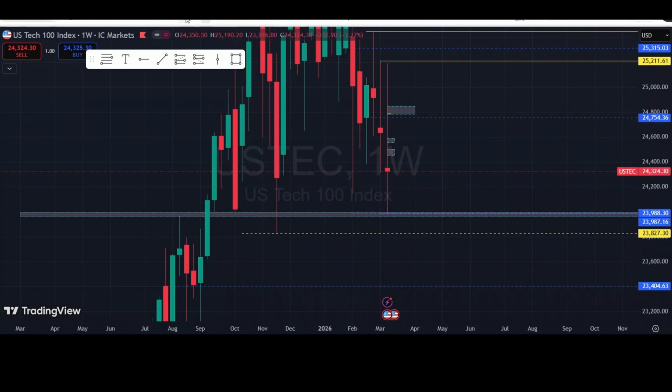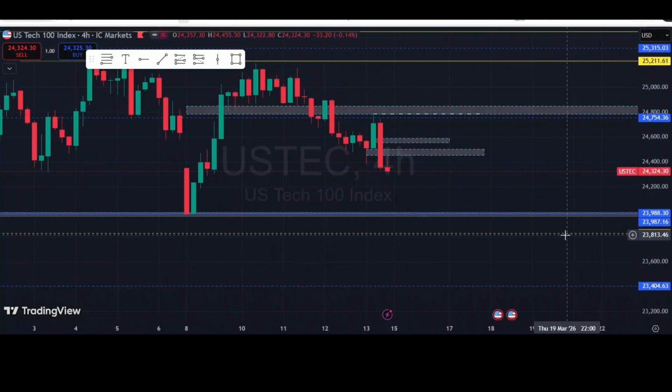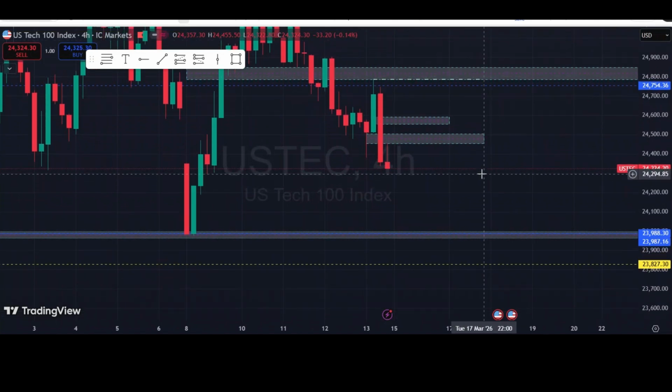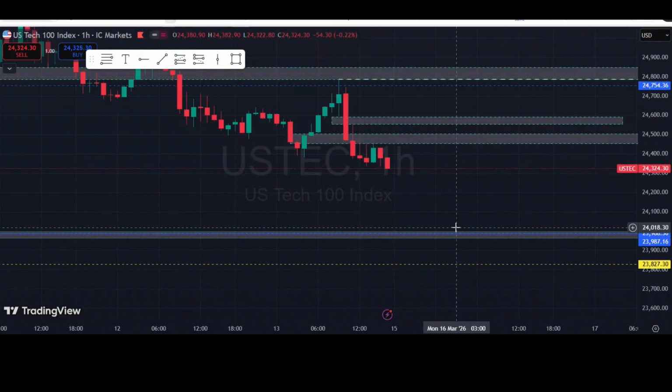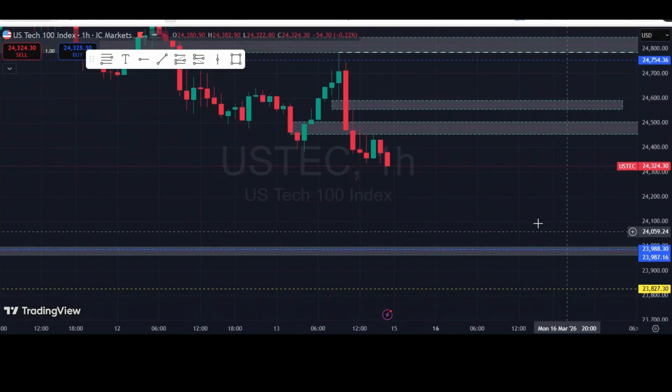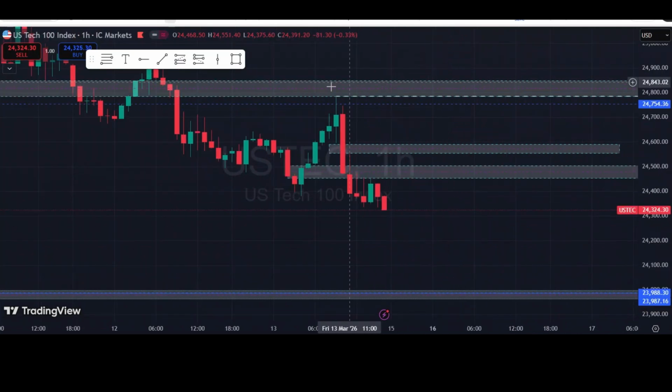And then the question is, where might price go back up to after the reaction? Price might return to this fair value gap on the 4H, and apparently also a fair value gap on the daily time frame, and our eyes will also be on the previous week highs.